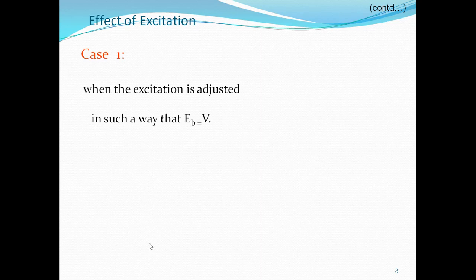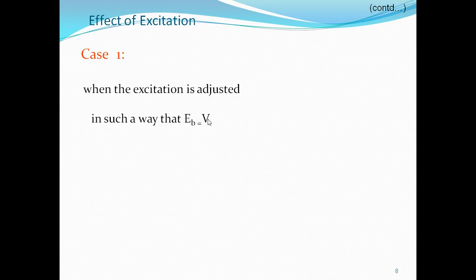So, effect of excitation. When excitation is adjusted in such a way that EB is equal to V, tell me, we already covered this in the last class. At which excitation?